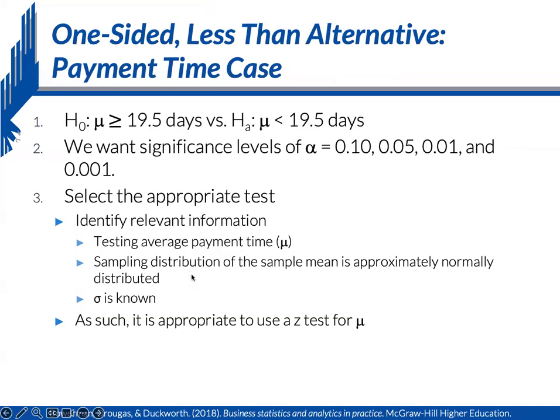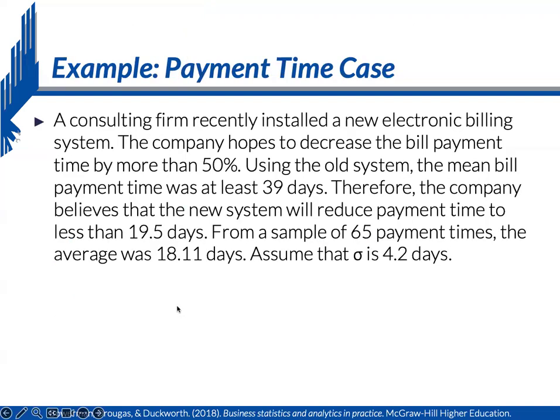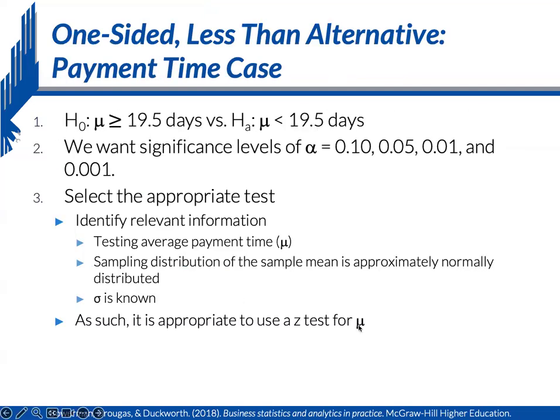Therefore, the sampling distribution, according to the central limit theorem, is approximately normal. And finally, the population standard deviation is also known. In this case, that is equal to 4.2. And therefore, again, we have confirmed that a z-test for the population mean is the appropriate test to be performed in this example.